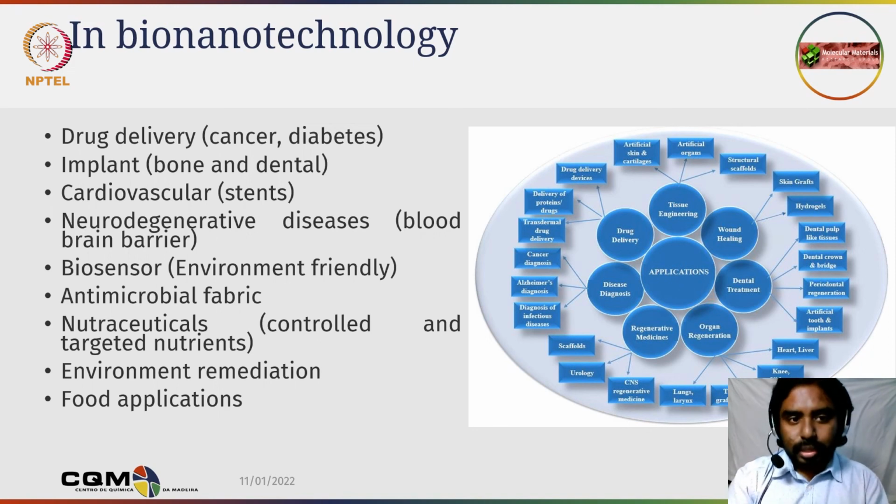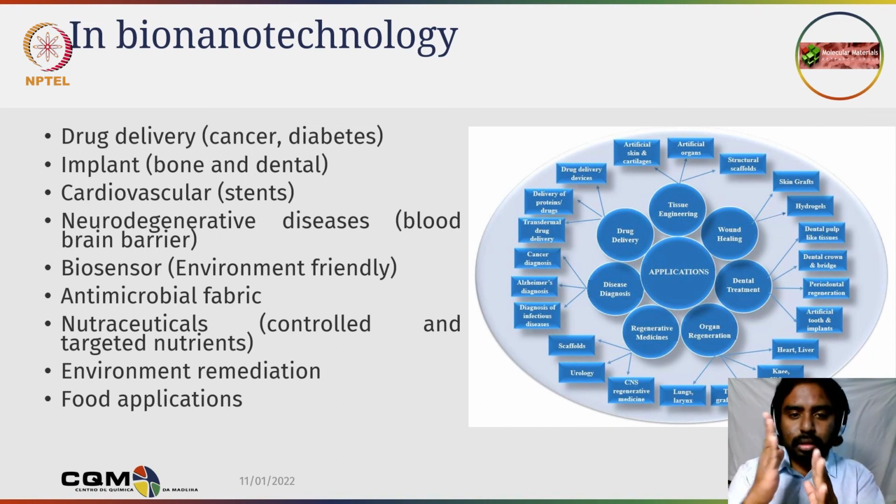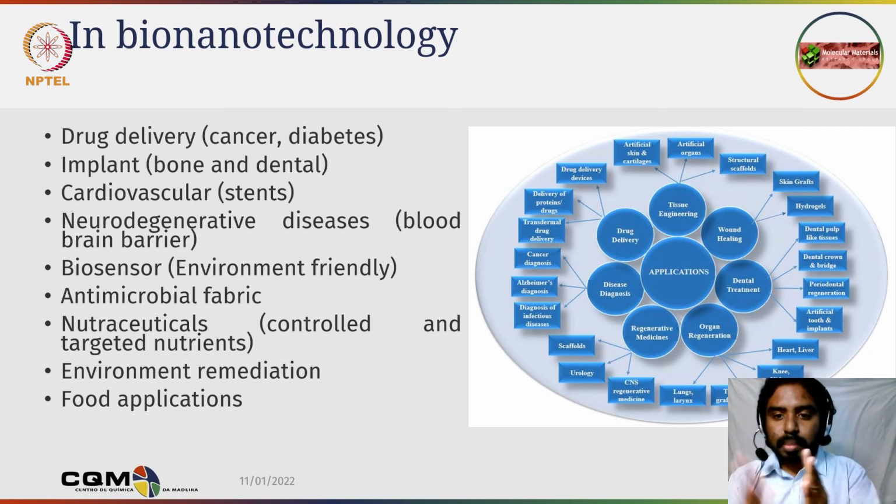Next is neurodegenerative diseases. The main problem is that when you send a drug towards your brain, there is something called the blood brain barrier. This barrier reduces the entry of certain drugs or biomolecules from the blood into the brain.